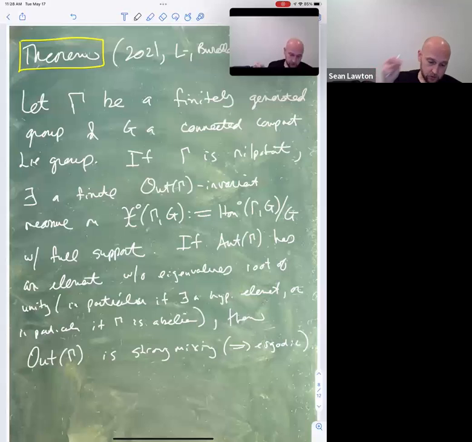Okay, so the example we went through was when G was SU2 and gamma was the Heisenberg group. That's the simplest non-abelian Lie group that we can work with. And gamma being the Heisenberg group is really the simplest nilpotent group that is not abelian. I illustrated what the action was, and you can see explicitly what the measure is.